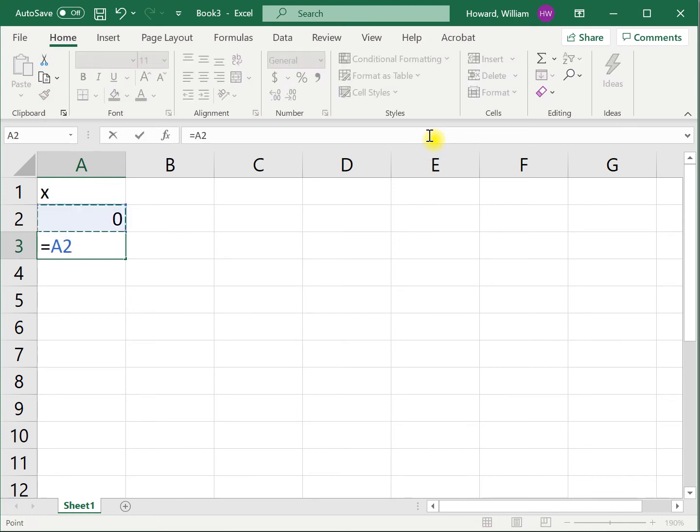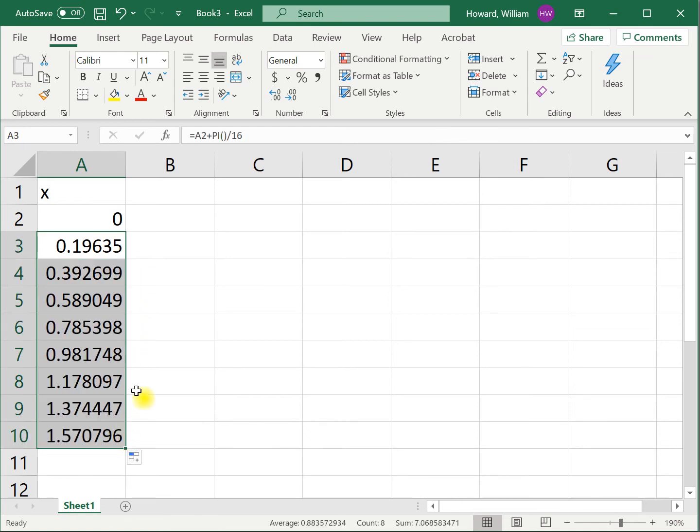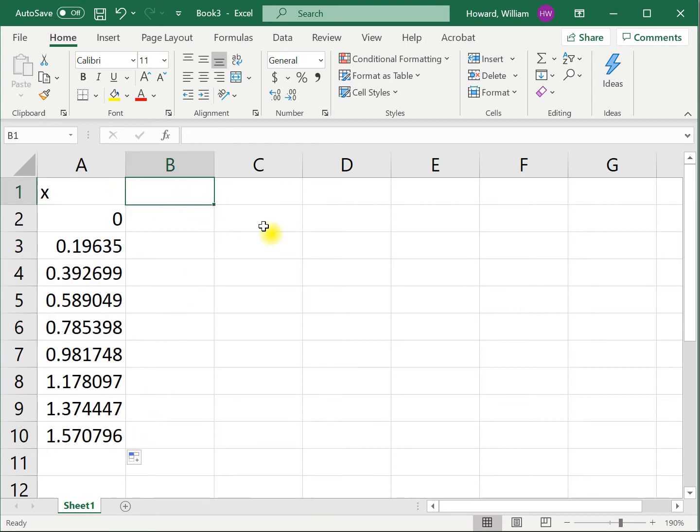So I want to take the previous value and add to it pi over 16. And now if I copy that formula down until I get to pi over 2, you can see here I've got a total of 9 numbers. So there's 8 increments, or 8 intervals.